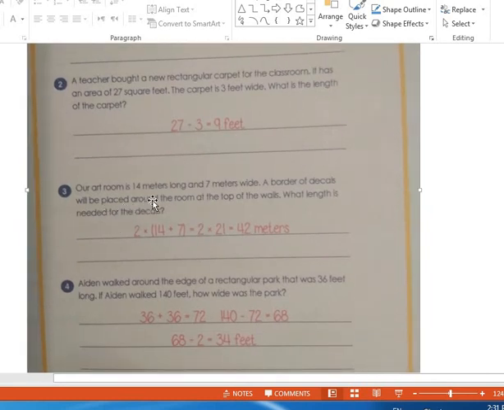Our room is 14 meters long and 7 meters wide. A border of decals will be placed around the room at the top of the walls. What length is needed for the decals? I need to know the length of the border surrounding the room.